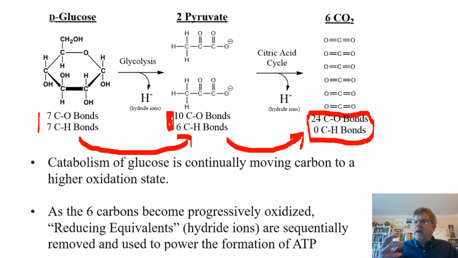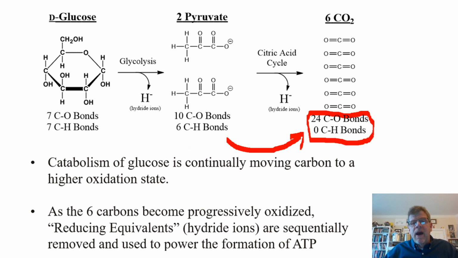From the standpoint of the progressive, continual oxidation of carbon and pulling out chemical energy, that is as far as we can possibly go. Carbon can never become further oxidized than a carbon dioxide molecule.